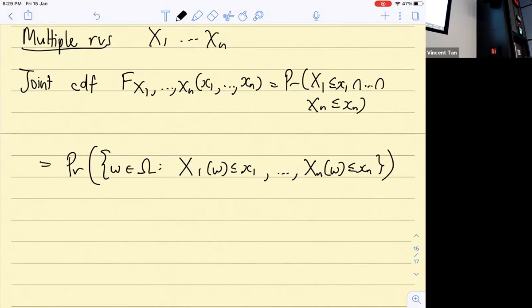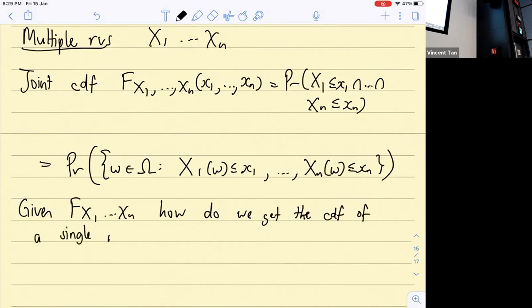Given a joint CDF, how do we get the CDF of a single random variable? This is usually called marginalization. This is called the marginal CDF.